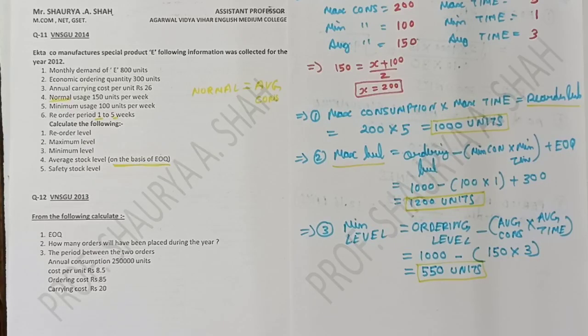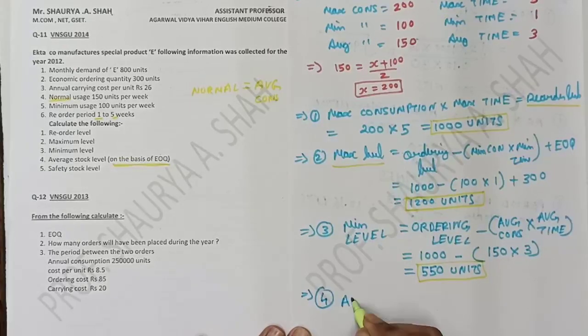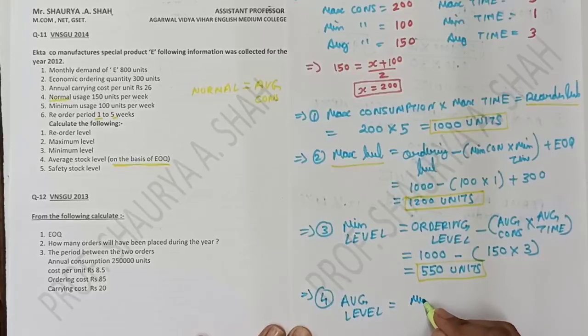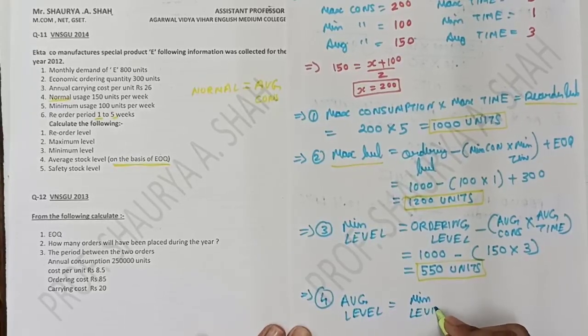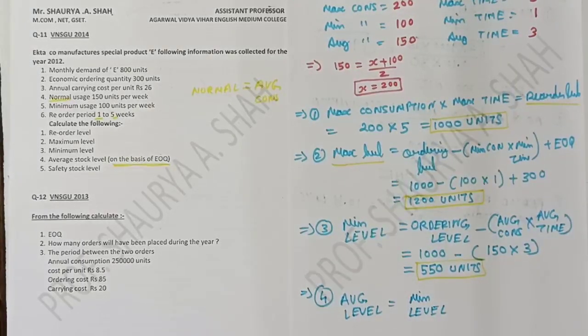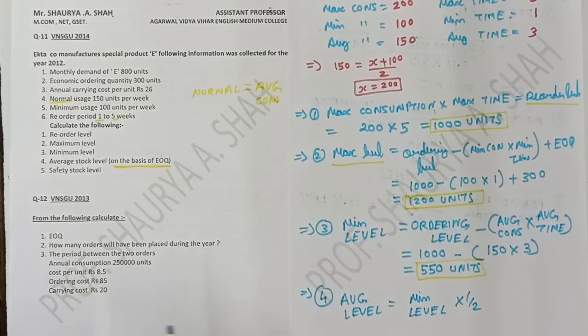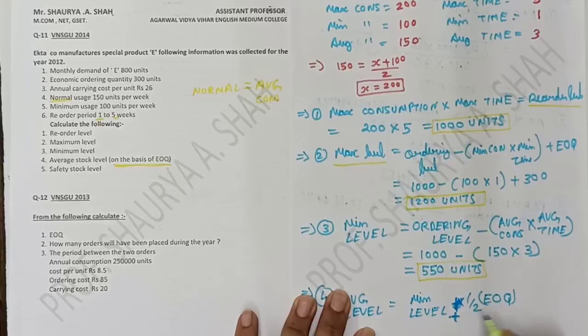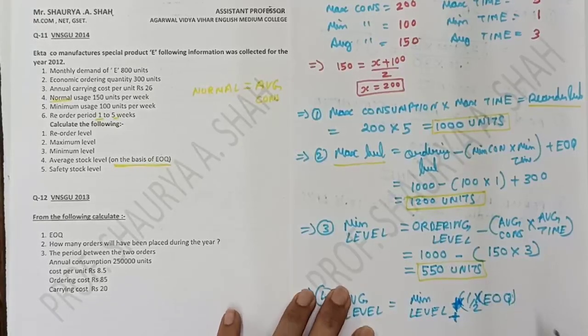The formula is: average level is equal to minimum level plus half into EOQ.